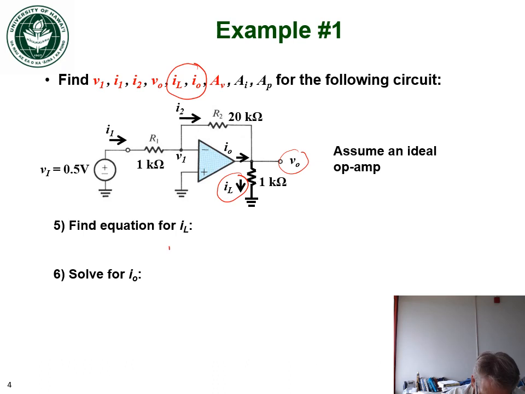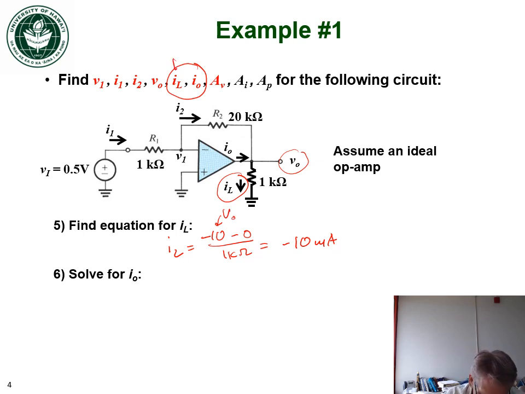So we can write that IL is just the voltage across the resistor, which would be minus 10 minus 0 divided by 1 k ohm. So that's going to be equal to minus 10 milliamps. This minus 10, this is V out, right?